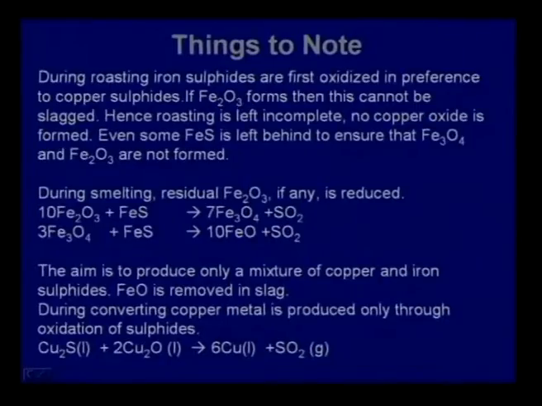Iron sulphide and copper sulphide left behind will form matte. No copper oxide is formed, so the slag will not have copper oxide. We have mentioned only very minor amounts of copper oxide will go into the slag. And we are deliberately leaving FeS behind to ensure that Fe3O4 and Fe2O3 are not formed. This is the basic technique.